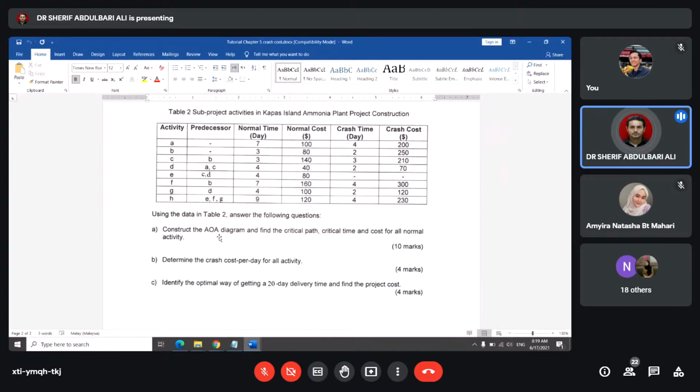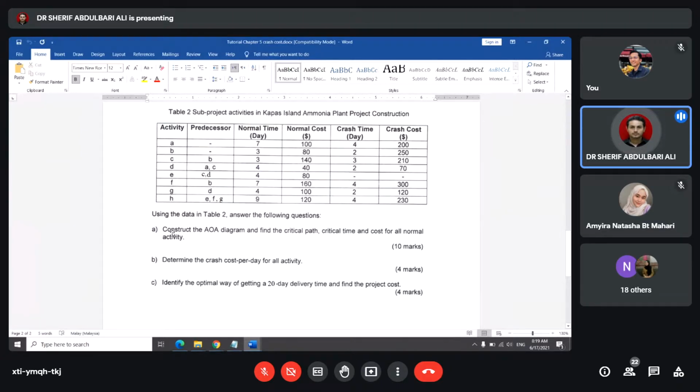But of course, when you solve it, you need to use the AOA diagram and find the critical path and the time. The second is asking you to determine the crash cost per day for all the activities from A to H. Third, you need to identify the optimum way of getting 20 days delivery time and find the project cost.